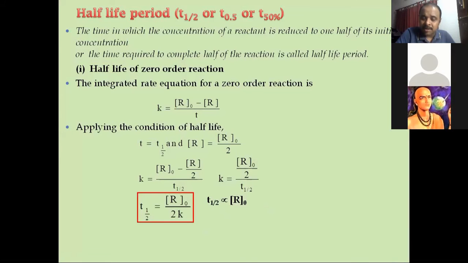In a zero order reaction, time for 50% completion is directly proportional to initial concentration. Now I just want to check what exactly you have understood from this relation. I'll give two instances here. Listen carefully.